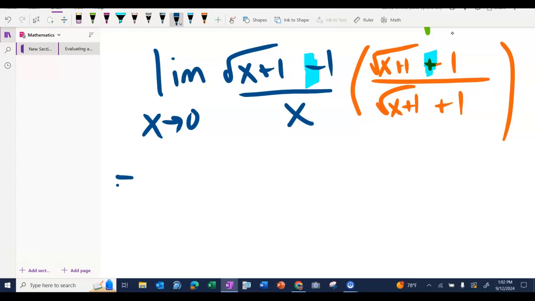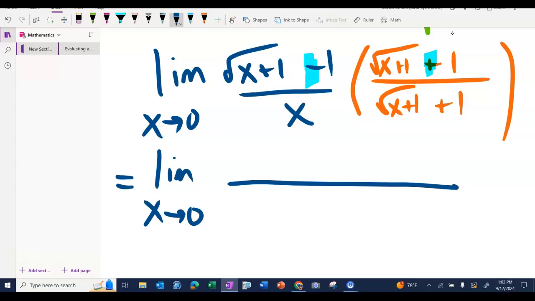Now I'm going to perform a little magic, a little algebra. On top, I have a minus b times a plus b, and we know from algebra 1 that that's going to be a squared, which is root x plus 1 squared, which is just x plus 1, minus b squared, and our b is 1.